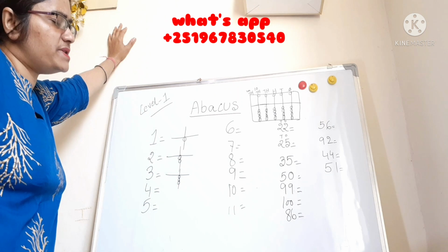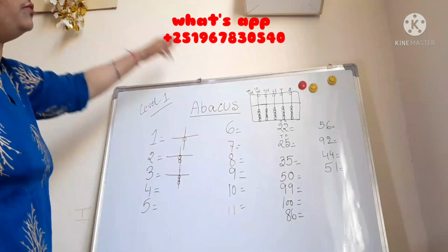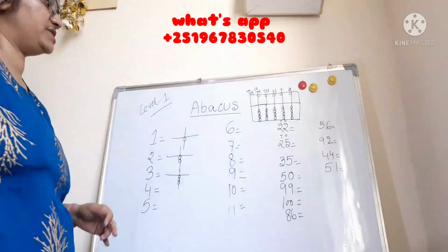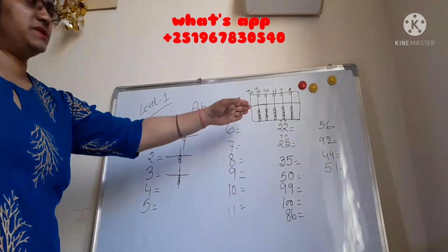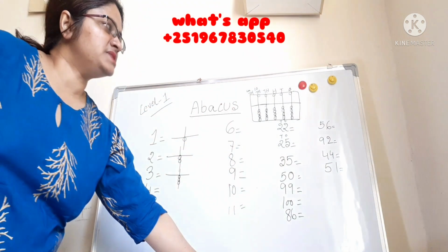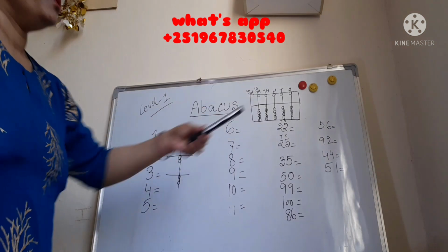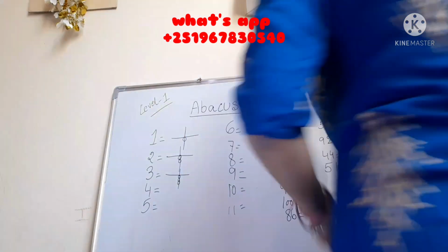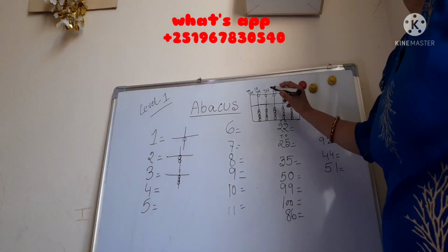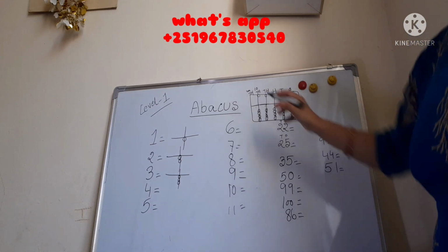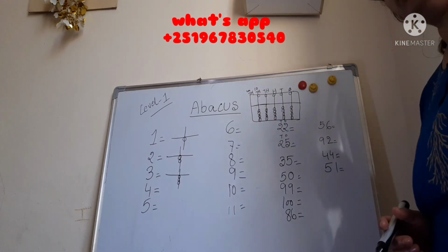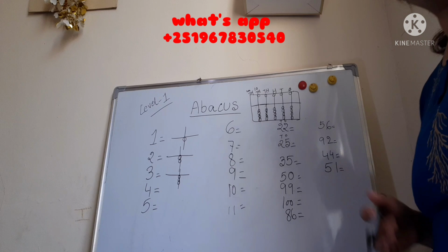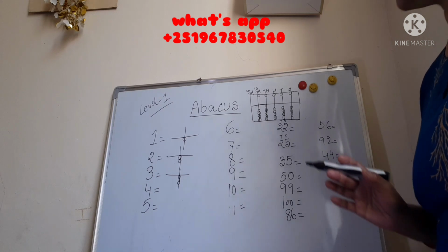Today I will tell you with the tool how you will calculate. In this abacus tool, we can calculate ones place, tens place, 100 place, 1000 place, 10,000 place, 100,000 place, this kind of place value. You already know the place value.